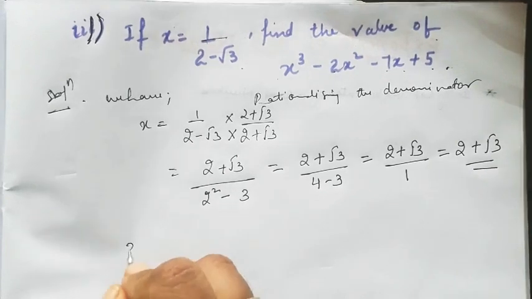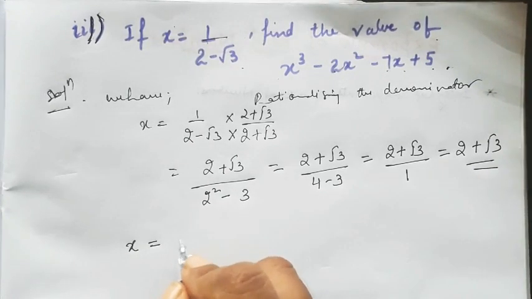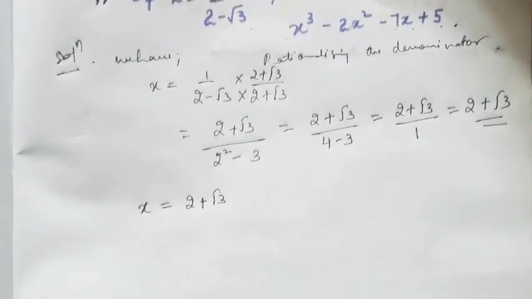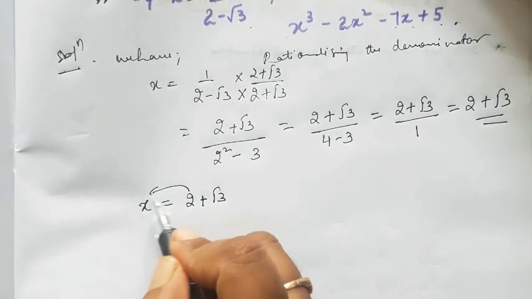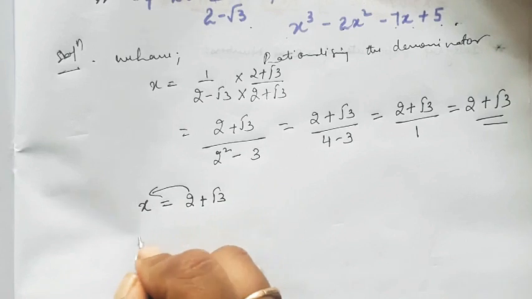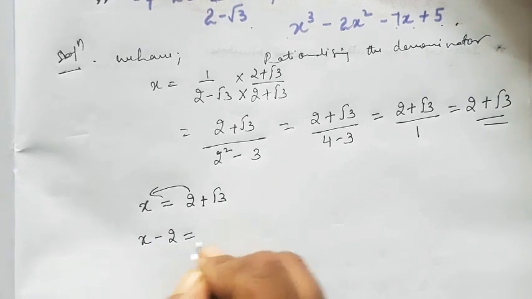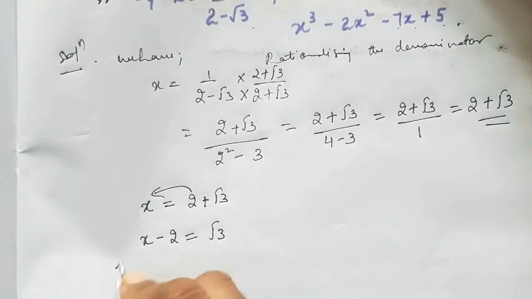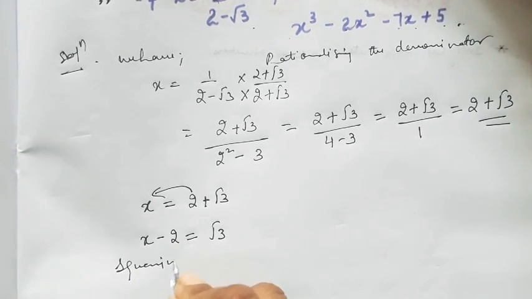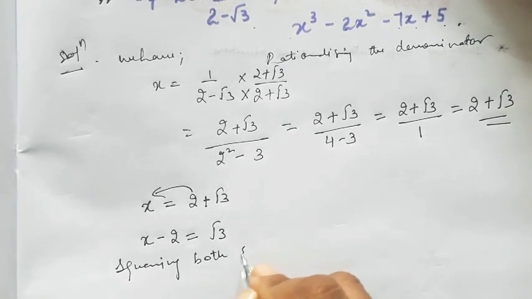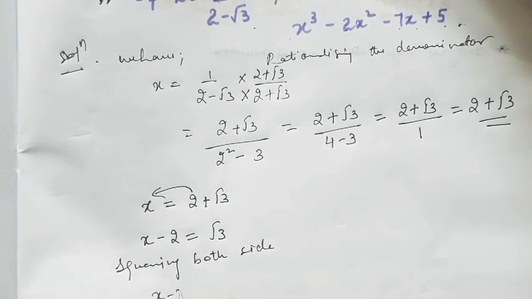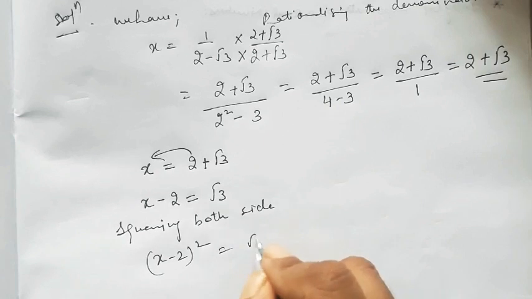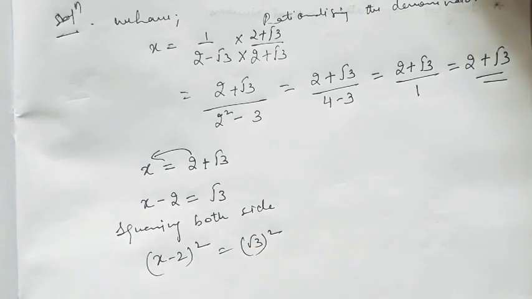Now, the value of x we got is 2 plus root 3. Now what I can do is transpose this 2 to this side, and I am left with x minus 2 is equal to root 3. Now square both sides. X minus 2 whole square is equal to root 3 whole square.